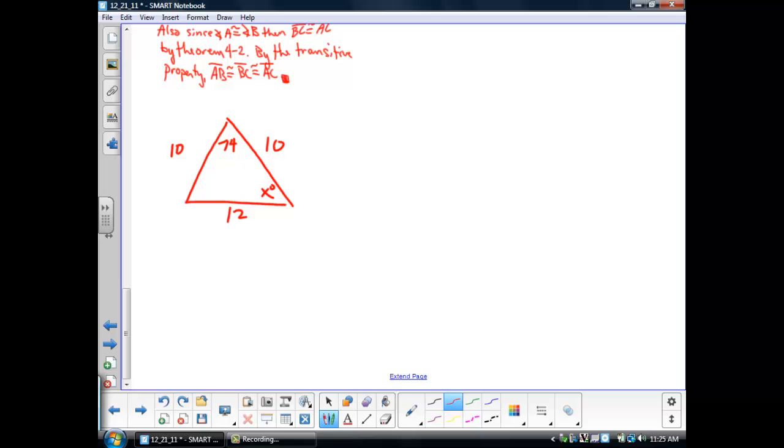Yes. Which means that the angles opposite those sides must be congruent. So how do I find x? I go 180 minus 74, and that gives me 106. Then divide by 2. So x is going to be 53 degrees.